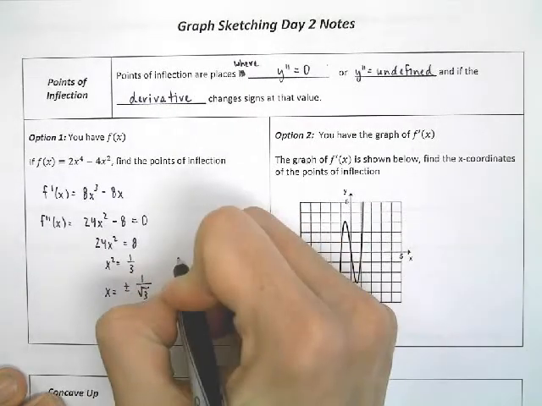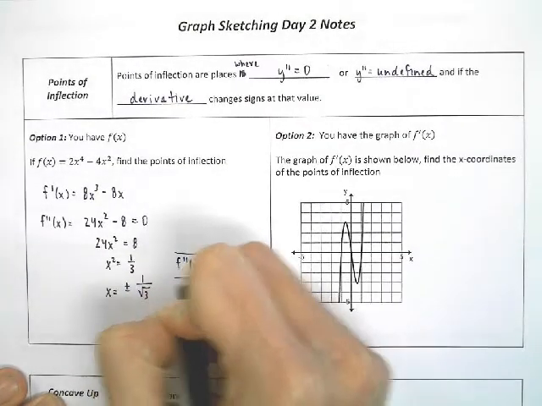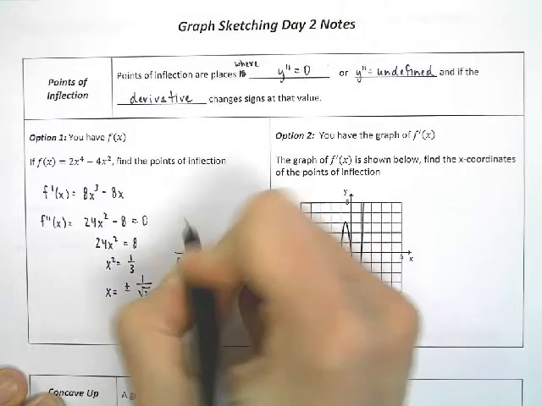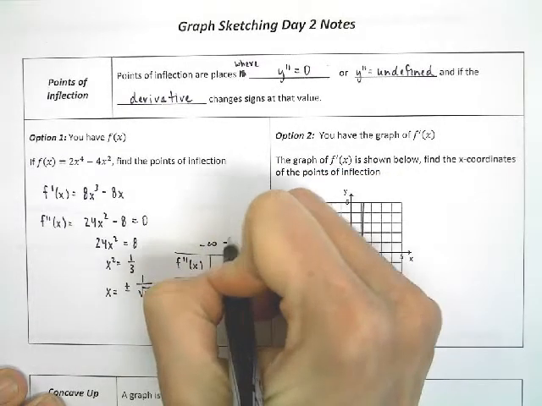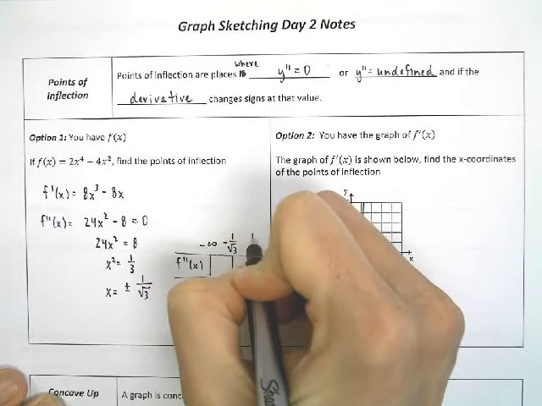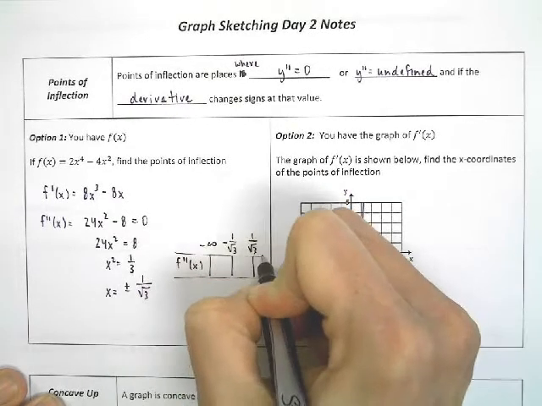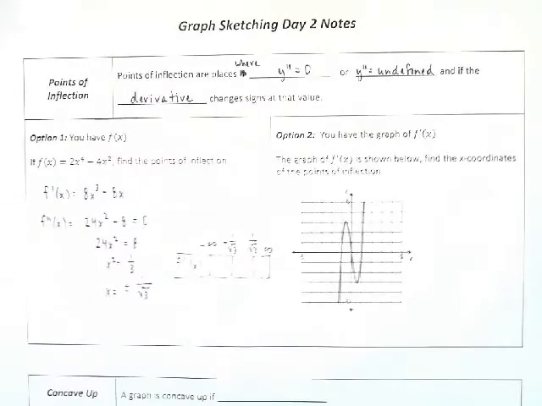So I'm going to do a number line here to test if my second derivative is changing signs. So I have negative infinity, I've got negative 1 over root 3, I've got positive 1 over root 3, and then I've got infinity here.